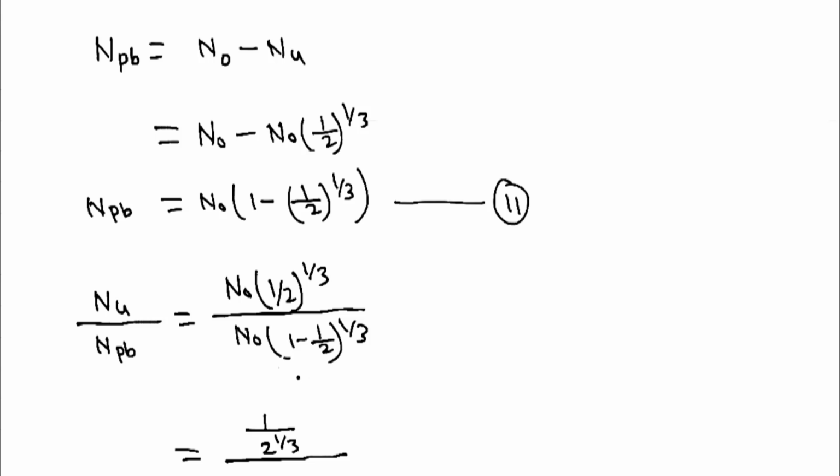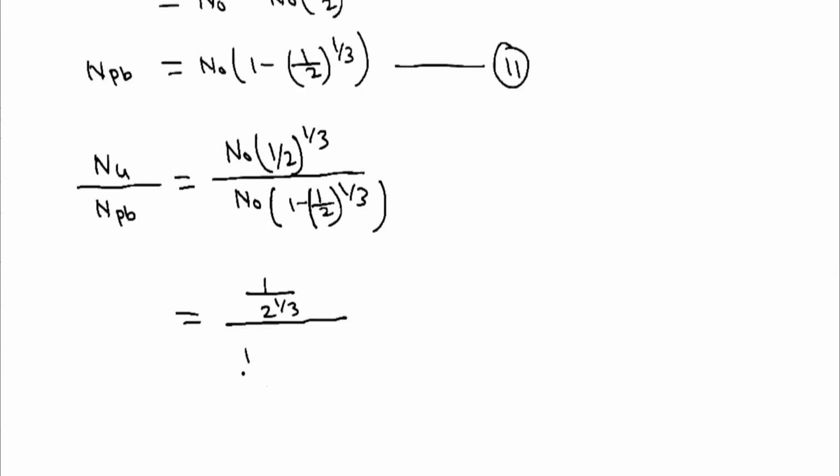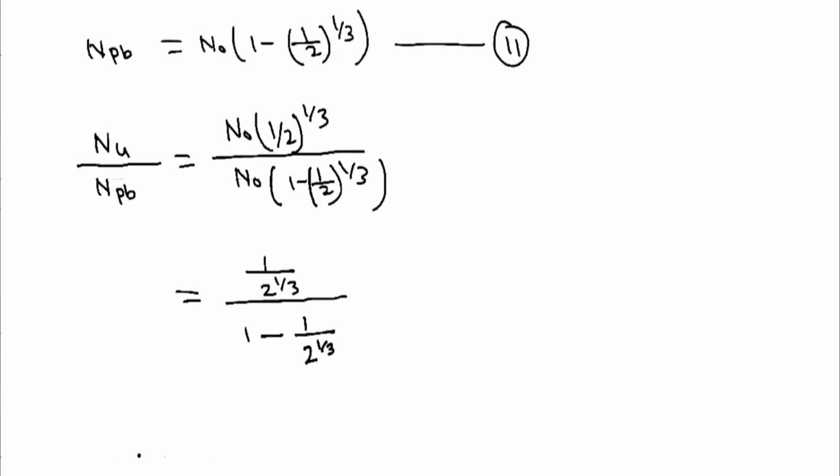So this power is only on this, just 1 second, this power is only on this, clear? So in this way we can see this is equal to 1 divided by 2 to the power 1/3 minus 1, clear? Now we have to solve this, and after solving this we can find this ratio.